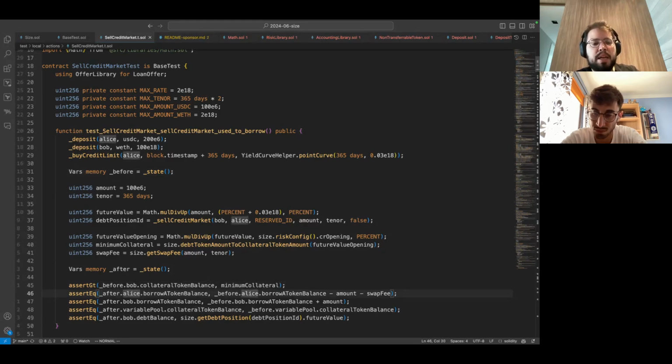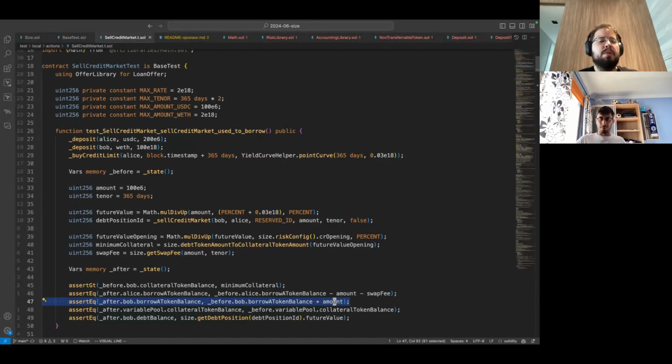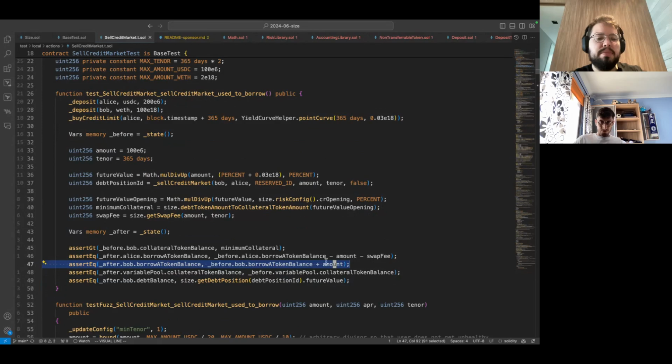For example, Alice is the lender, right? So the lender USDC should have decreased by the borrow amount minus the swap fee. The fees are being sent from the lender to the fee recipient. And then here we just check that the borrower received the amount that they borrowed.